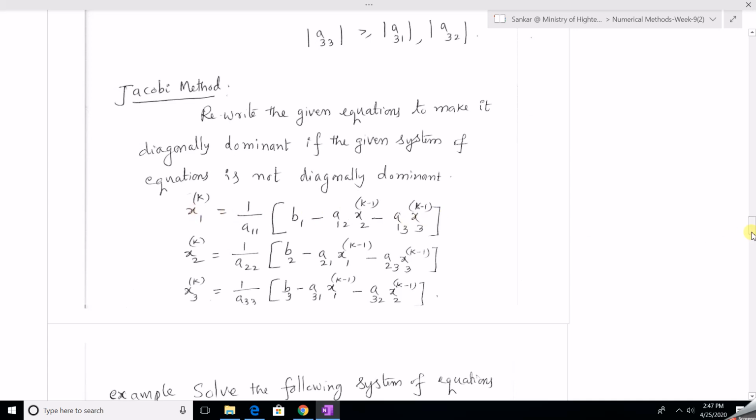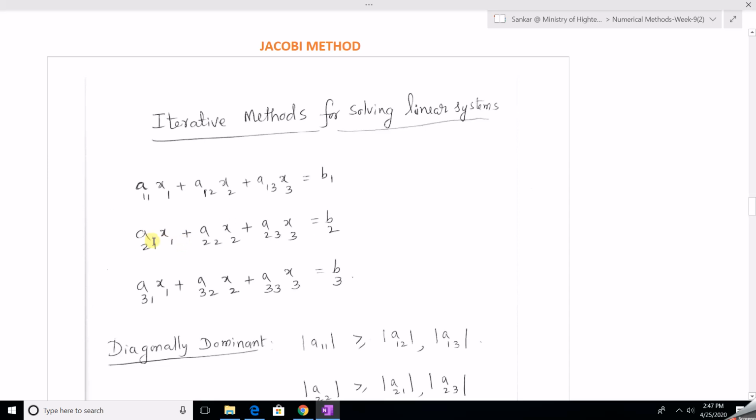Now from the second equation you have to solve for x2. Taking the x1 and x3 terms to the right hand side, you will get x2 is equal to b2 minus a21 x1 minus a23 x3, divided by a22. That I have written here.